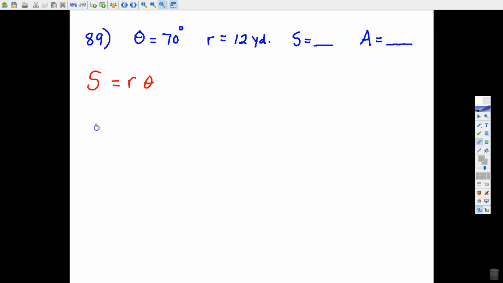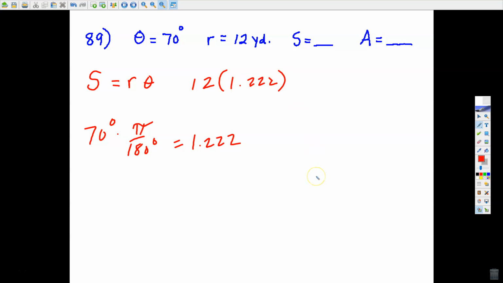I hope that's what I said. 1.222. All right, so now we can do the radius, which is 12 times 1.222. What's that, Taylor? And that's yards. Didn't leave a whole lot of space.